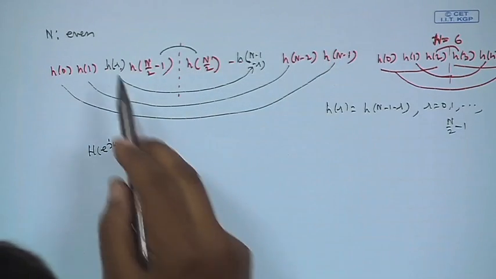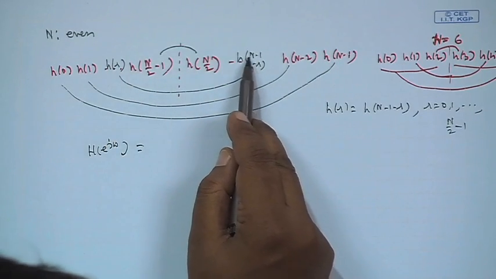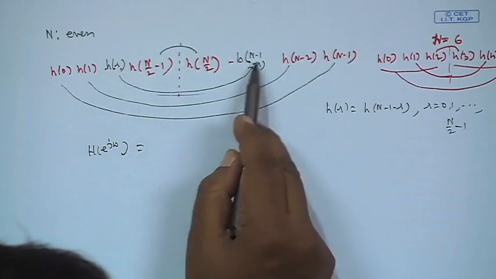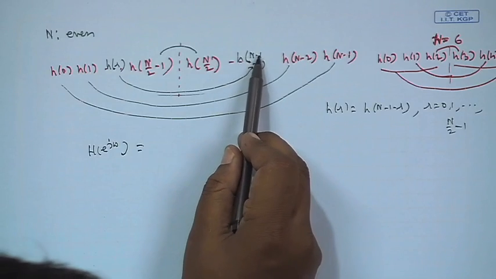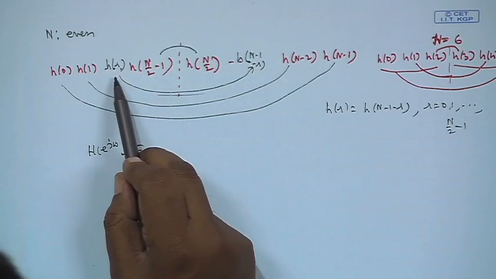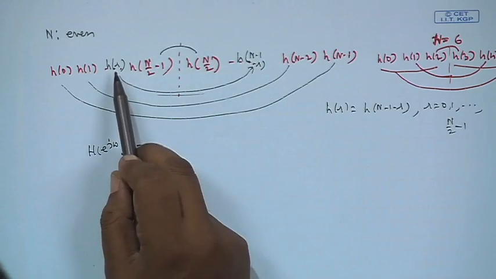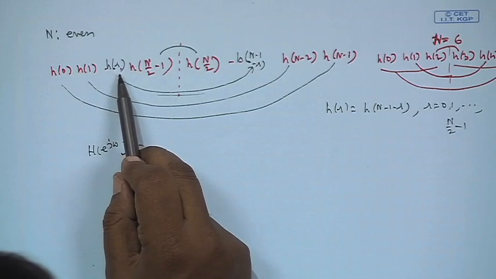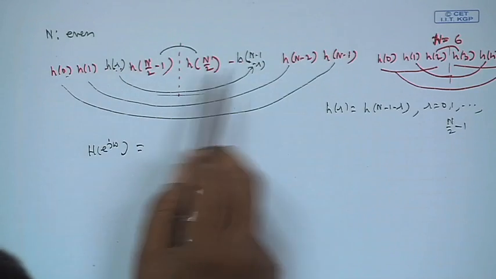So, for the DTFT, H r and H n minus 1 minus r, I will take them under one bracket, and H n minus 1 minus r will be simply replaced by H r. So, two terms will be combined together with the coefficient H r, for r equal to 0, 1, and all.